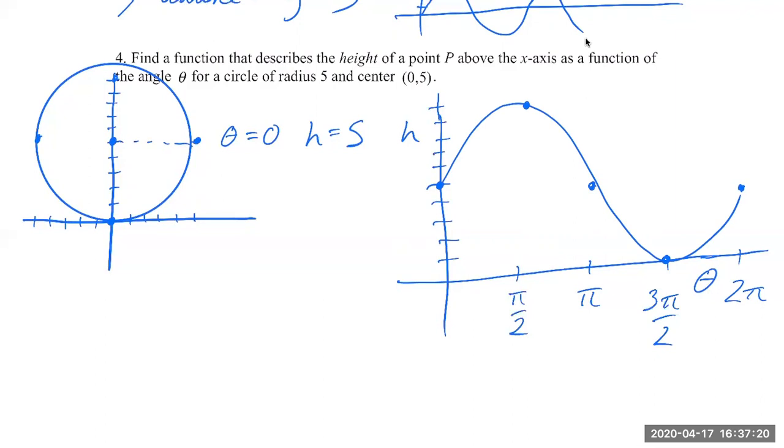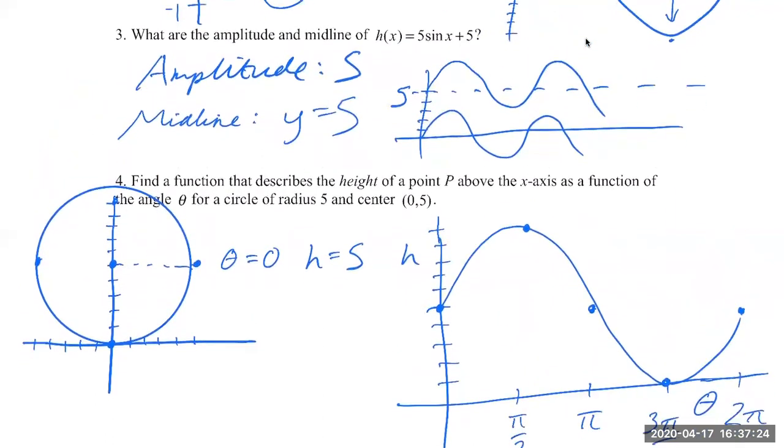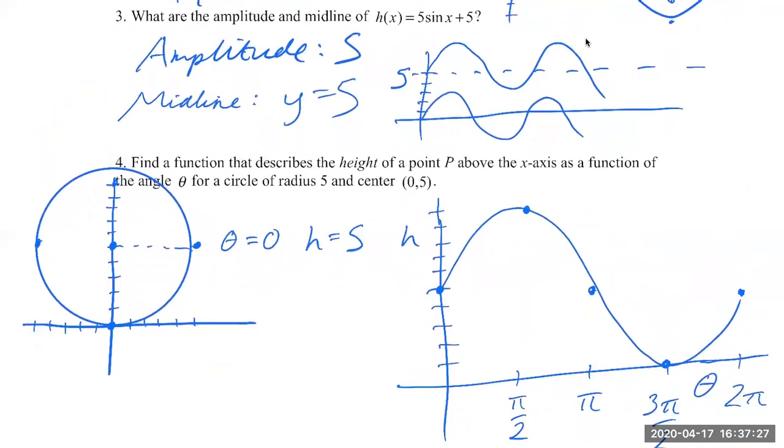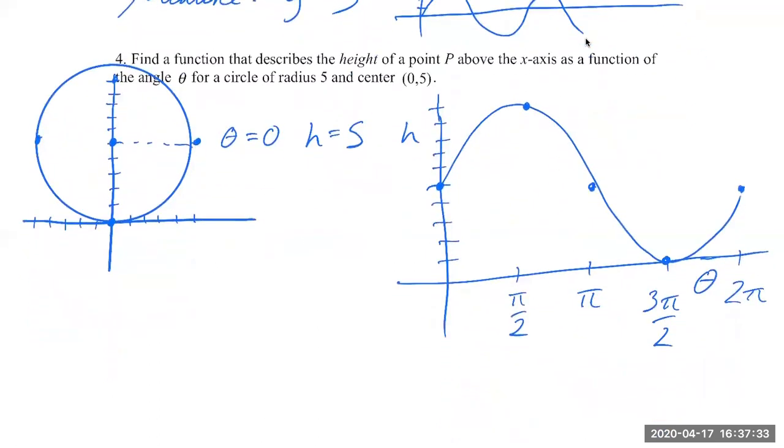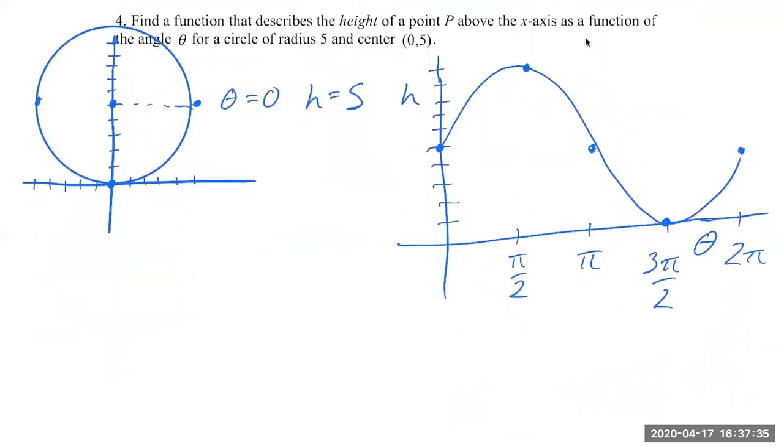That, my friends, is a sine function. In fact, it's precisely h of x from up above. This is a sine function, so we'll just call it f, that has amplitude of 5.